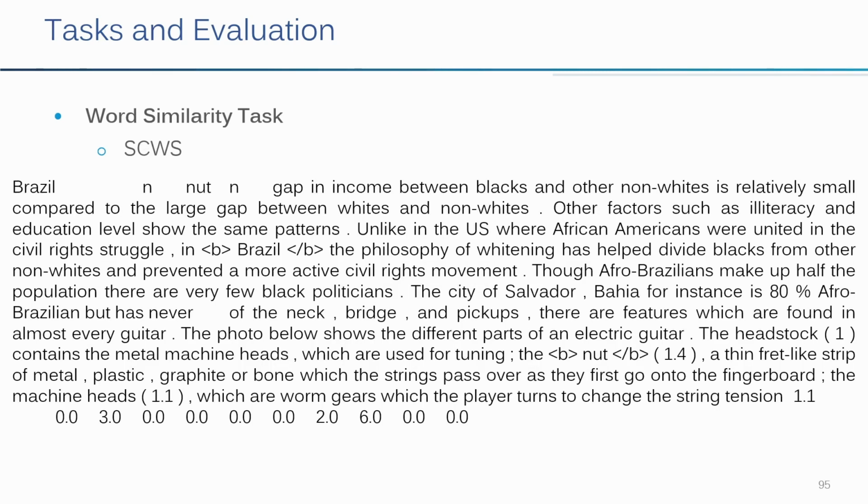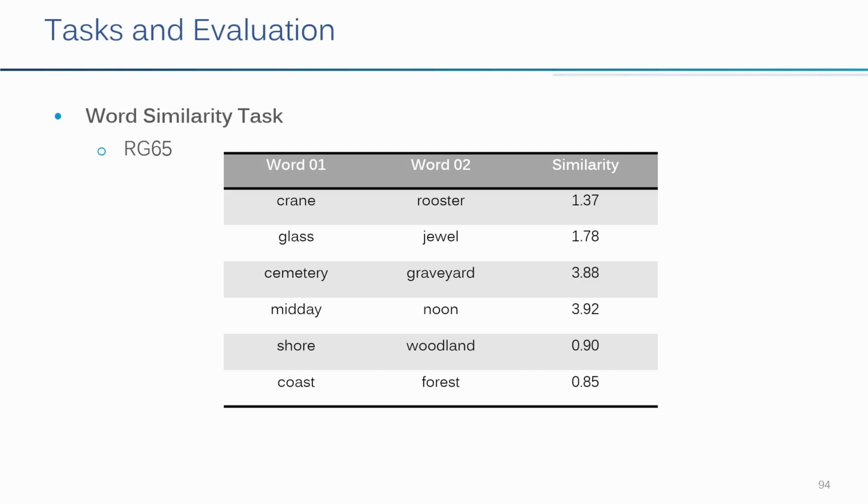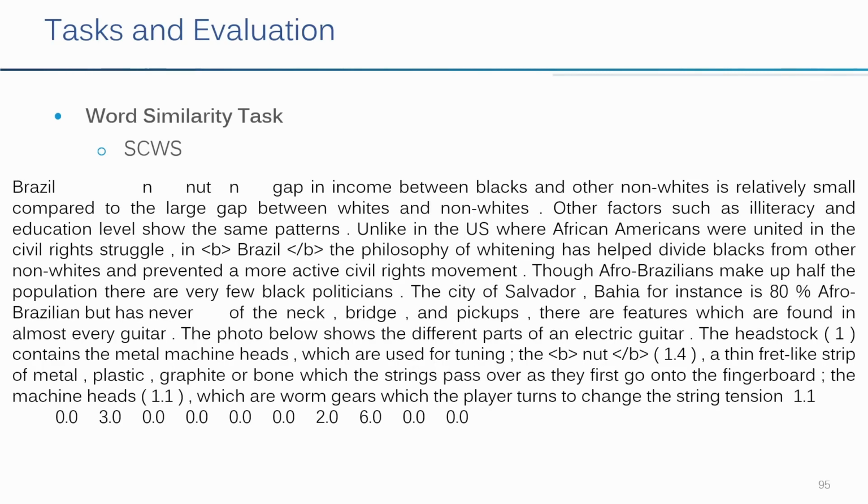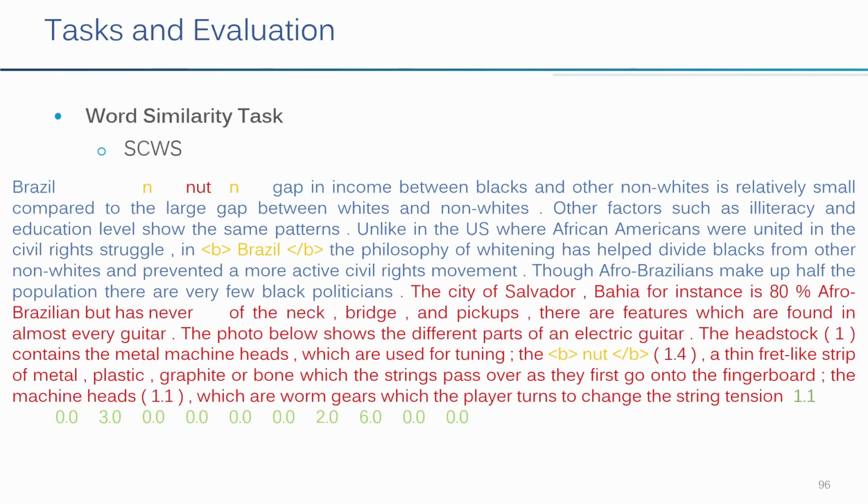Just to make a comparison between, for example, the first one right here and the Stanford one, you see how far apart they are in terms of quality or the difficulty of the problem. In the Stanford context word similarity data set, you have two words, in this case, Brazil and nut. You have the part of speech for these words, and then you have a text which provides the context of that word, and the word itself is tagged.